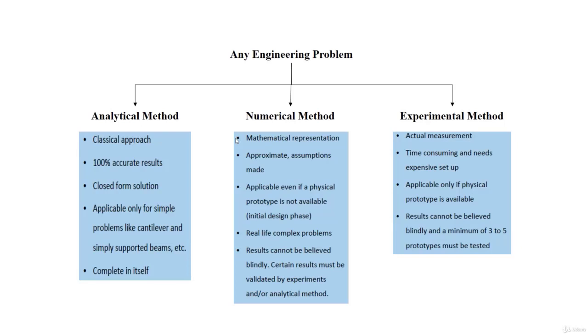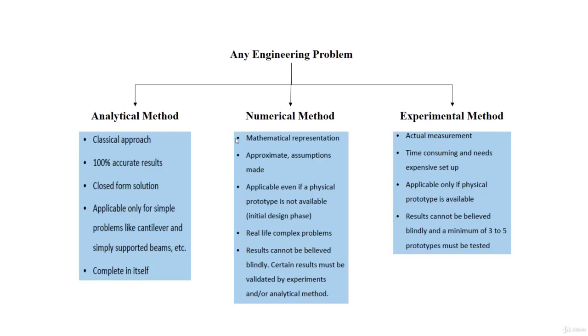In this method, we get 100% accurate results, and the solution is a closed form solution. But the main drawback is that this method can only be applied to simple problems like cantilever beams, simply supported beams and other very simple problems, and it is complete in itself.